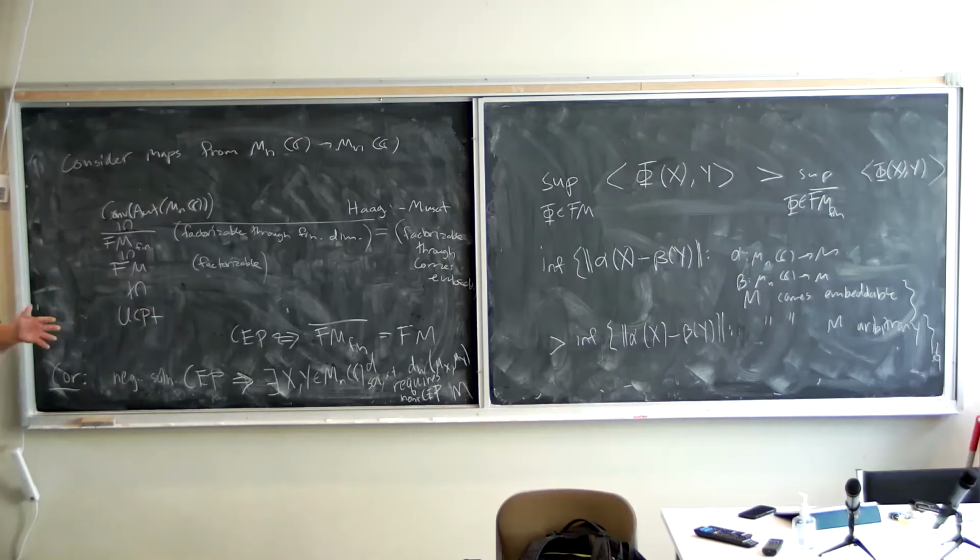And this is also very different from the commutative case. In the commutative case, all measures can be approximated by finitely supported measures. You could argue that an analog of that statement in the non-commutative case would be that any non-commutative probability distribution could be approximated by ones that come from finite dimensional algebras.